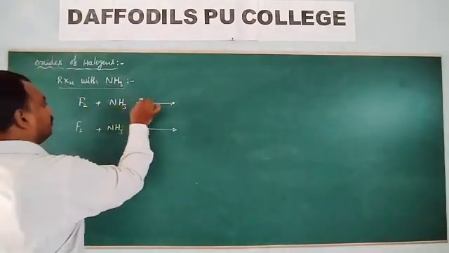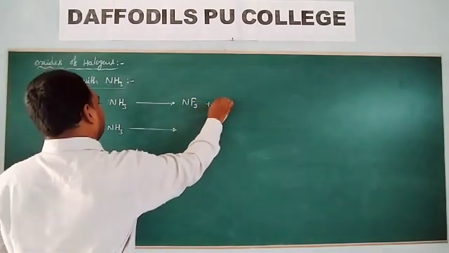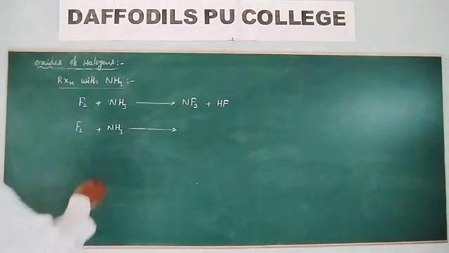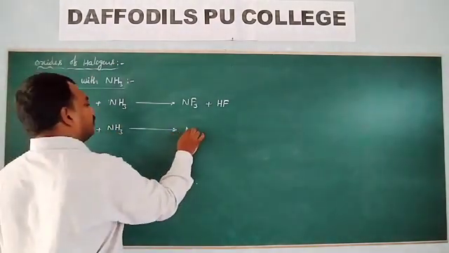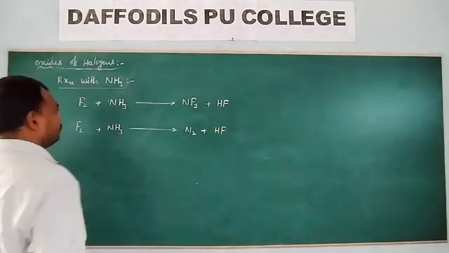When fluorine reacts with ammonia, you will get NF3 and HF. When fluorine reacts with ammonia, N2 and HF are also obtained.